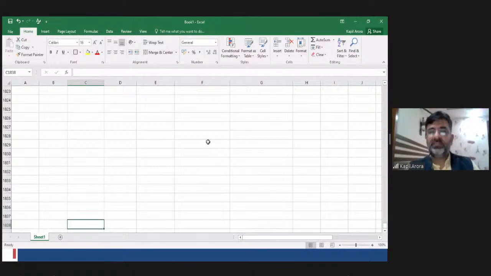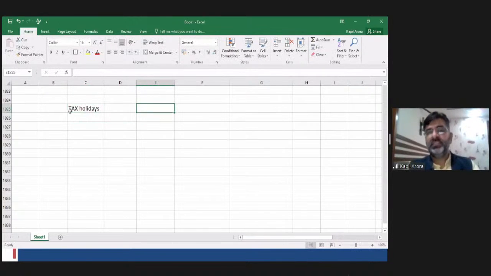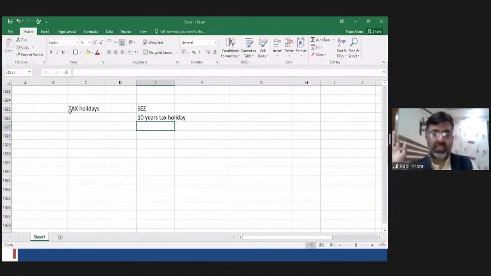There is one more concept in the study material, which is when you have tax holidays. Let's say the company is doing business in a special economic zone, and is enjoying a 10-year tax holiday. This means no tax has to be paid, no tax would be recovered, no tax liability will appear for the 10 years.